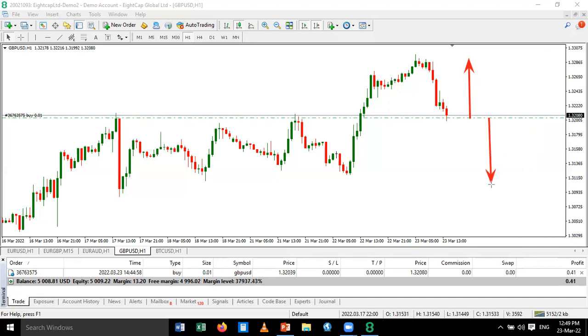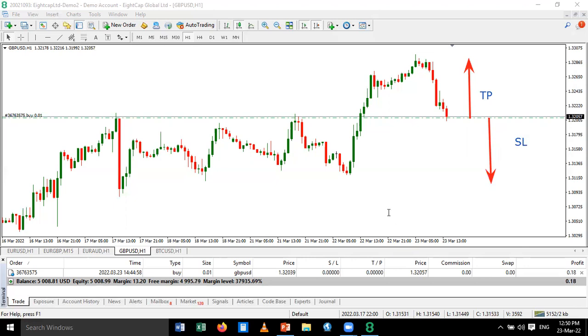That means I make profit upwards and I make losses downwards. That simply goes to say that since I'm buying, my take profit will be above this green dotted line, whereas my stop loss will be below the green dotted line.